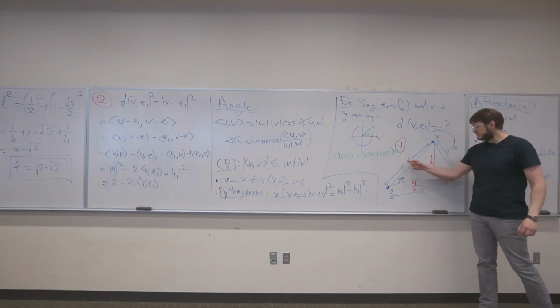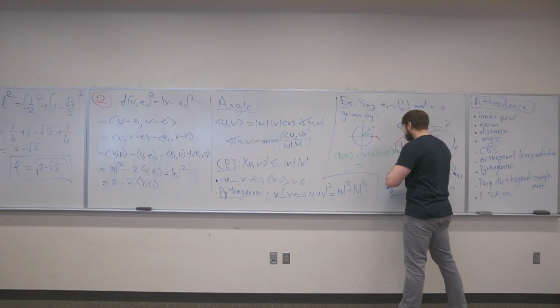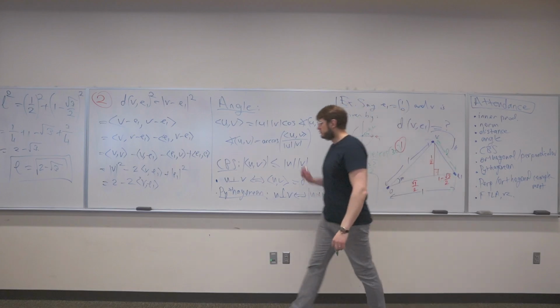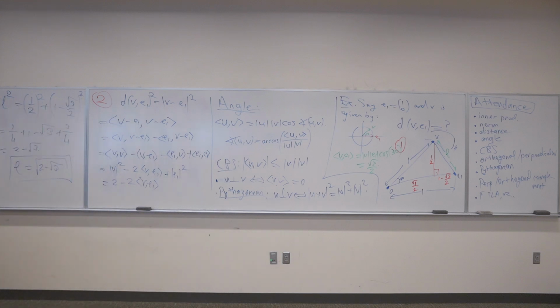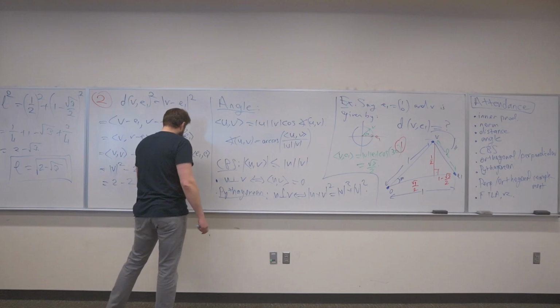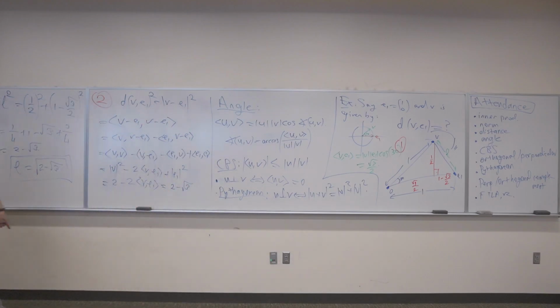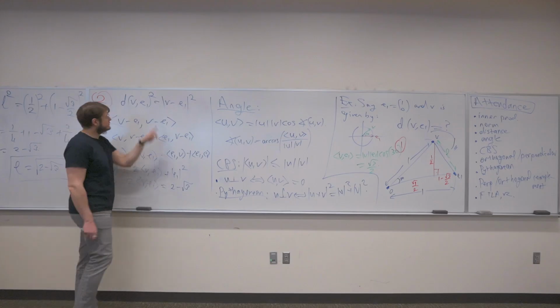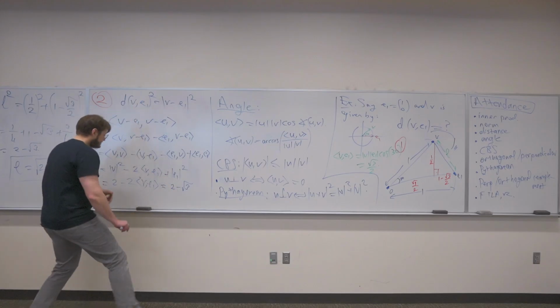You can see it here: this by this is root 3 over 2. This is 1 and this is 1. So the inner product is root 3 over 2. So I take that and put it here, which gives me 2 minus root 3. I was computing the square of the distance, which means if I take the square root of this expression, I get again the distance.